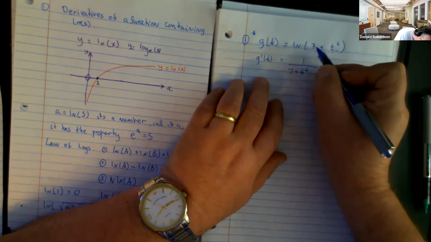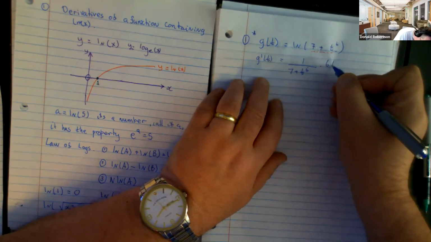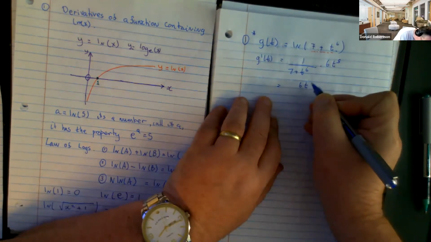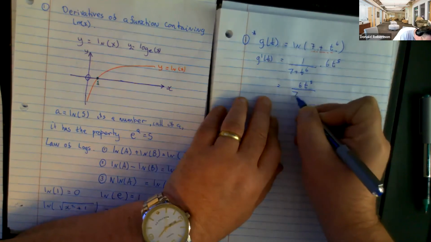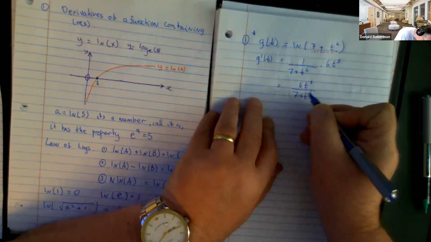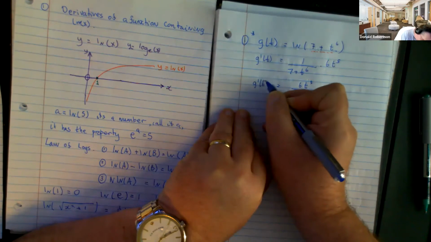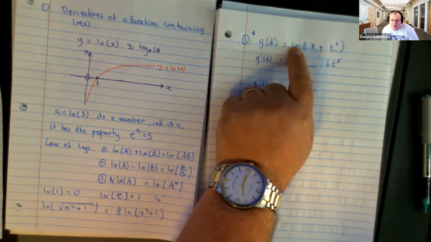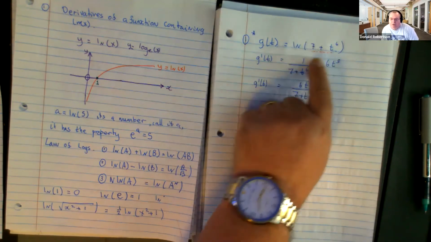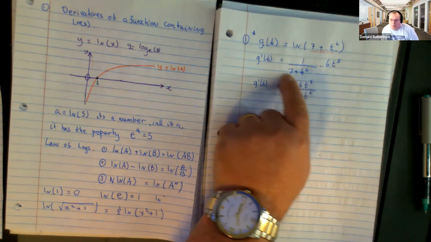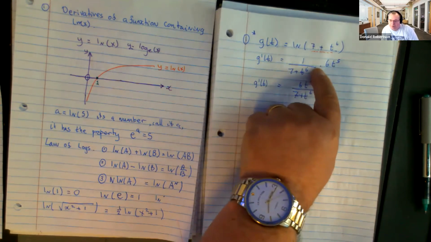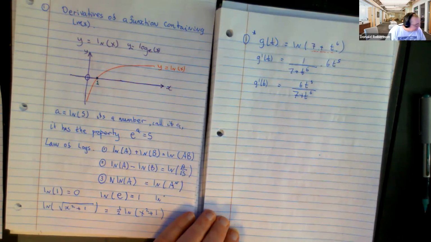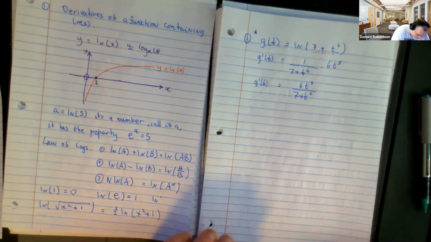Well, if you differentiate 7 plus t to the 6, you get 6t to the 5, and then you make it look pretty. And that's our first derivative. So if you want to find the derivative of the natural log of an ugly guy, it's going to be 1 over the thing, 1 over the inside function, times the derivative of that function. Try another one.